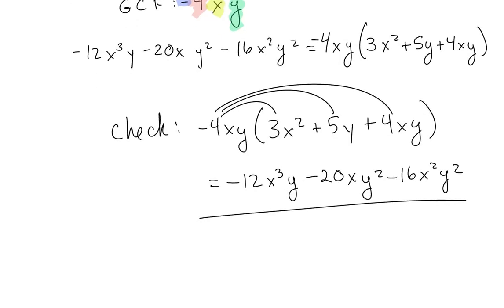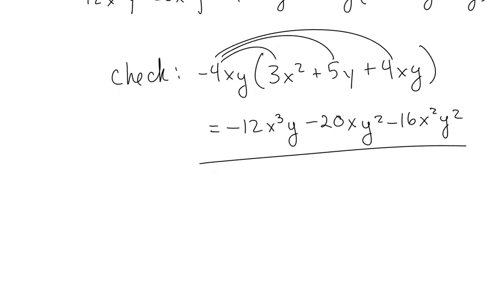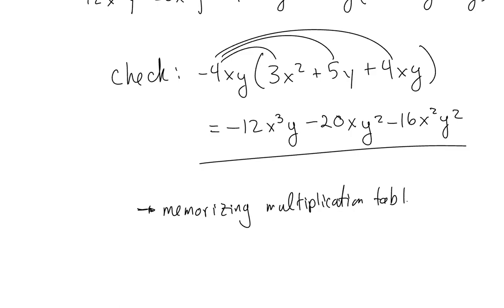This might feel really big and overwhelming, for a few reasons. Sometimes we come into this course without our multiplication tables. So something that will really strengthen the skill is memorizing the multiplication table, just so that we're really in tune with what factors are.